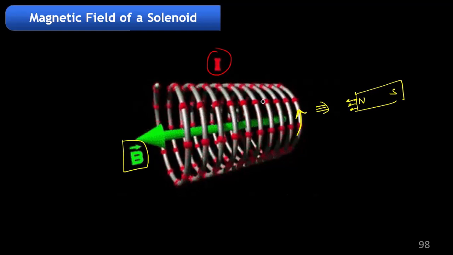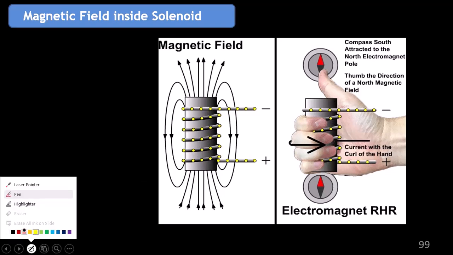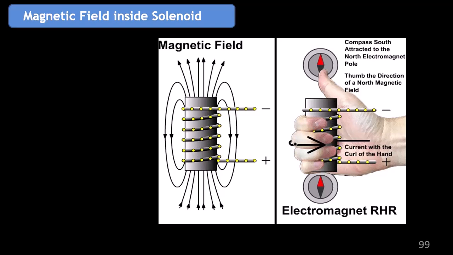So this is the solenoid, and I know what the direction is. For the direction, you again take the right hand thumb rule. You curl your fingers along the direction of the current. Let us say this is the direction in which I am curling, so current is flowing along that direction. The thumb will be directed toward the magnetic field.